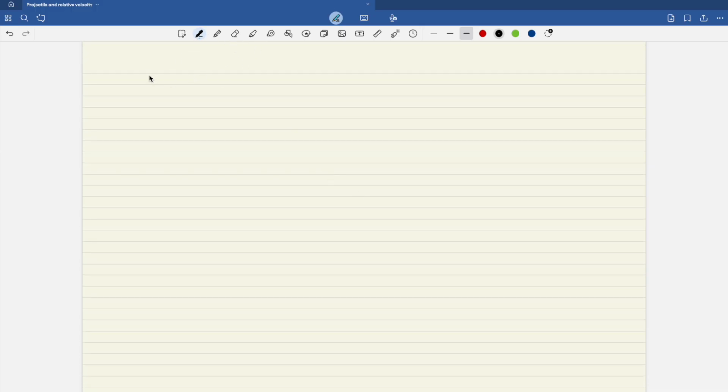We are going to derive three things: x, what is y in projectile motion, and the tangent of the angle, or the y without time.